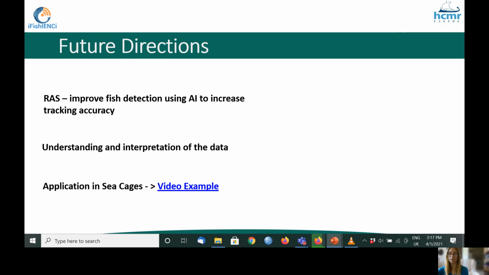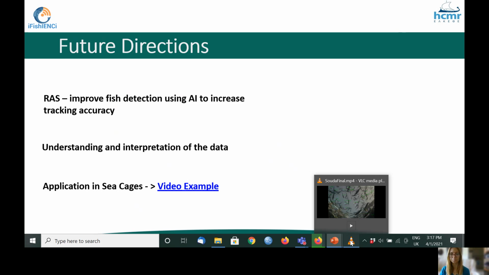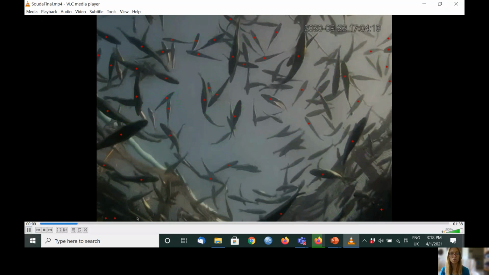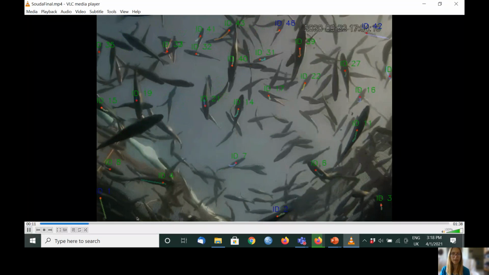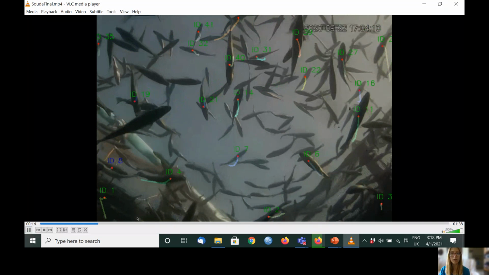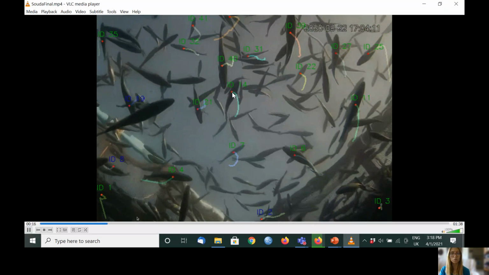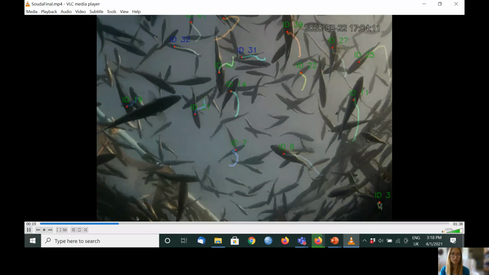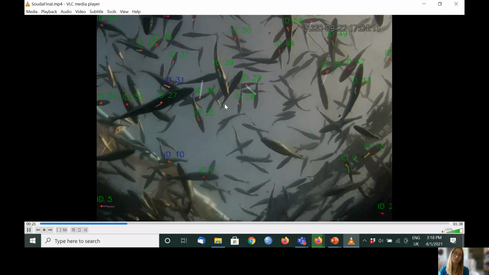We have in fact already modified the algorithm to track the fish in the sea, and before I finish my presentation, I can show you an example of how this algorithm is working. As you can see, the camera is positioned at the bottom of the cage, looking upwards, and with the red dots we have the center of mass of each fish, and the lines indicate the trajectory.